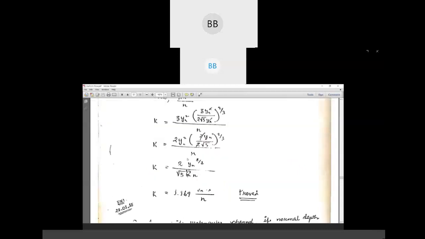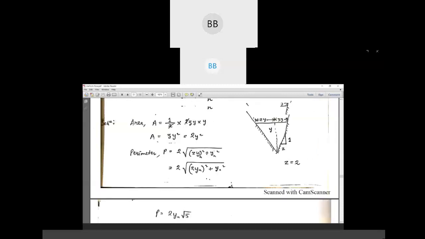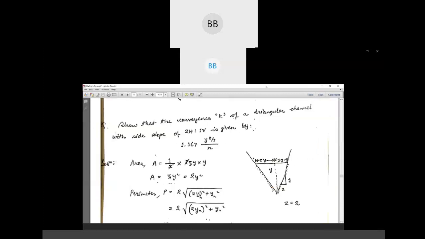Area we have already calculated, so we substitute the expression for area. R is nothing but A by P. You substitute all the expressions in this equation and see whether you are getting the same equation or not.